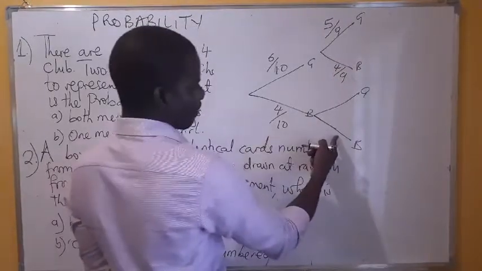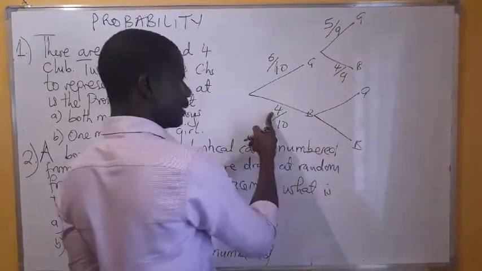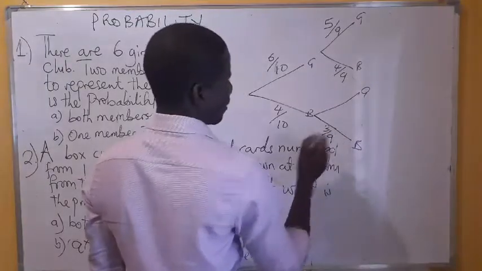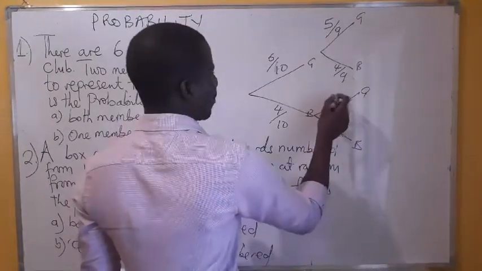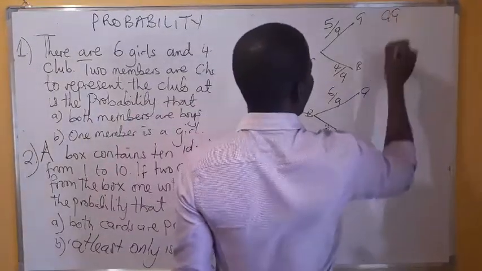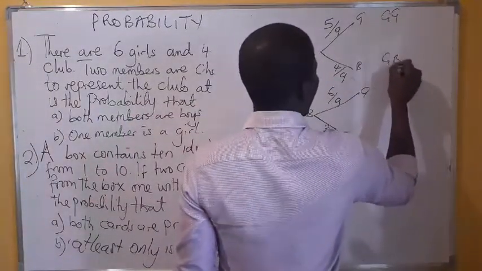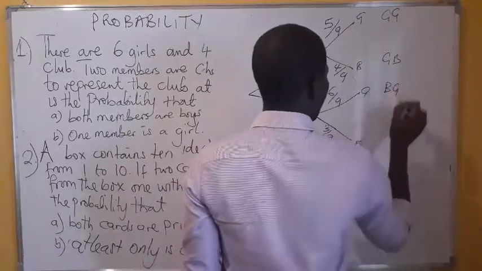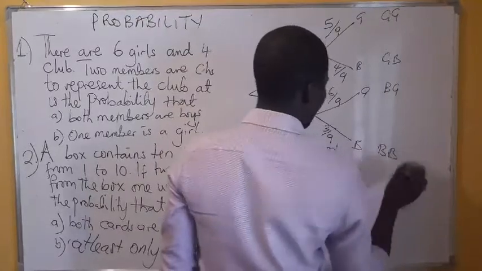The same thing here. If the first one selected is a boy, then the second one, it will be 3 over 9. But for girls, there are still 6 over 9. So this is girl, girl, girl, boy, and then boy, girl, then boy, boy.